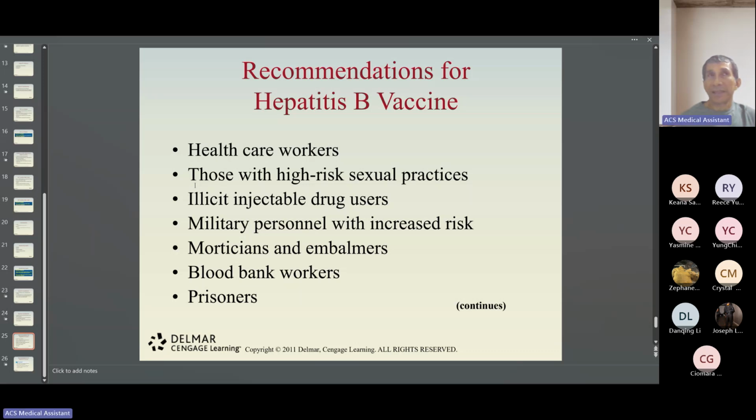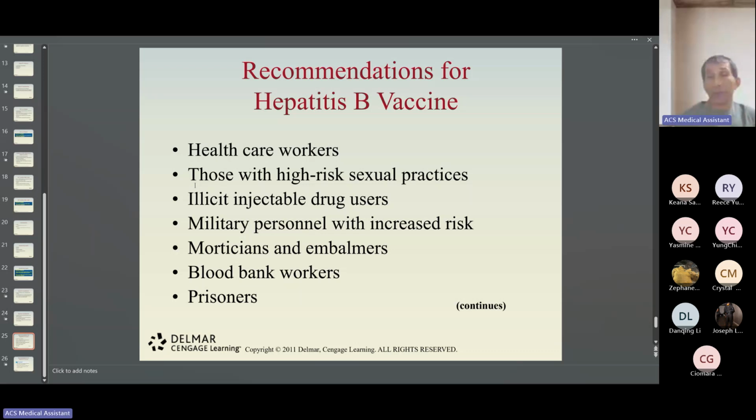So anybody who is at risk of developing hepatitis B, it is recommended that they have the vaccine. See, the first vaccine that the newborn receives, 1 day, 2 days after birth, is hepatitis B. That's the first one. Why?